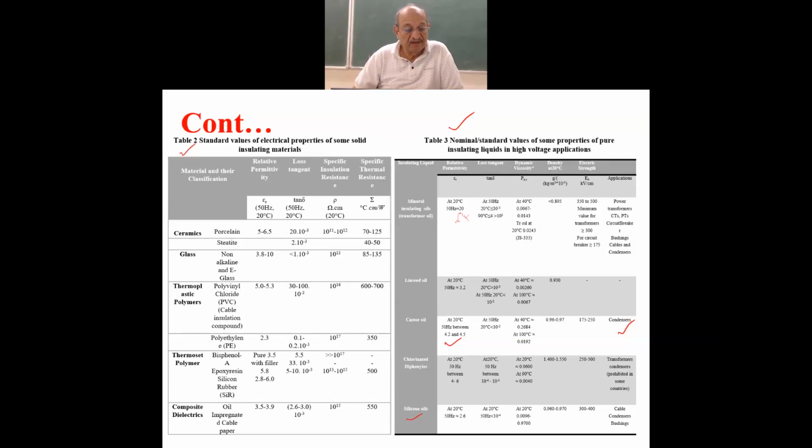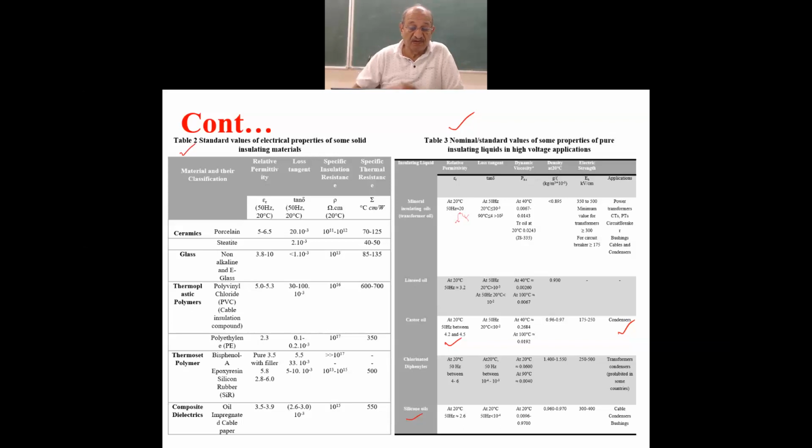There, the similar properties like epsilon r, tan delta, specific insulation resistance rho in ohm centimeter, and a specific thermal resistance.